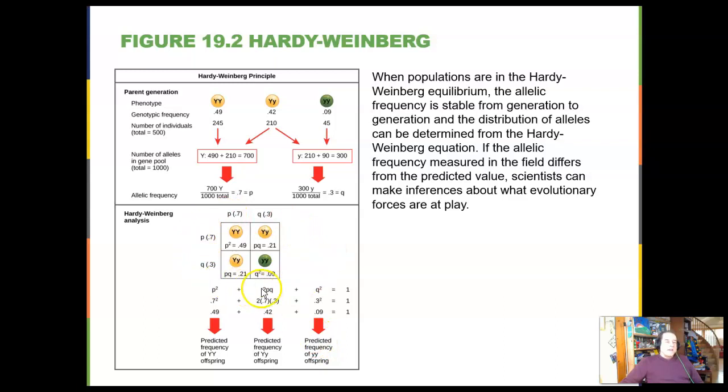And so we've calculated it. We've created what Hardy-Weinberg equilibrium says about how these two alleles should be distributed in the population based on their frequencies, and they should be these ratios.